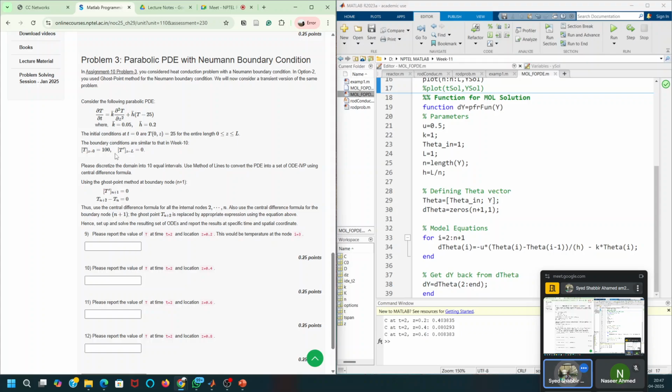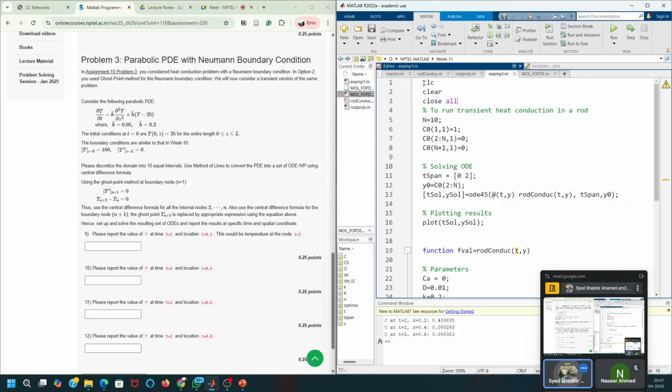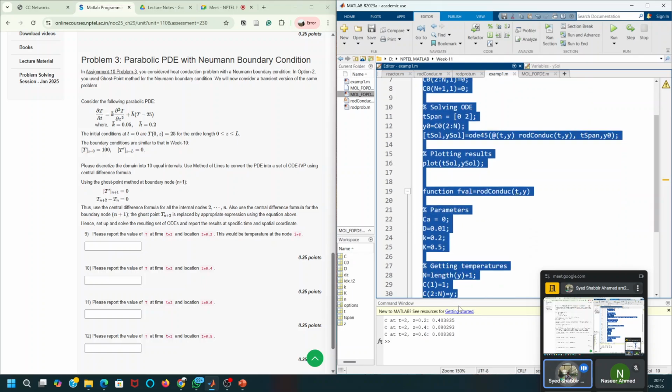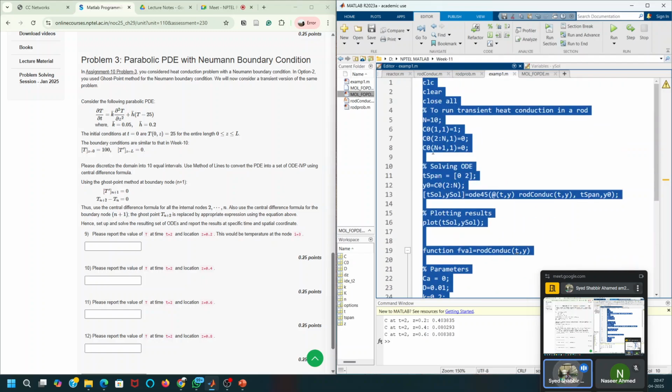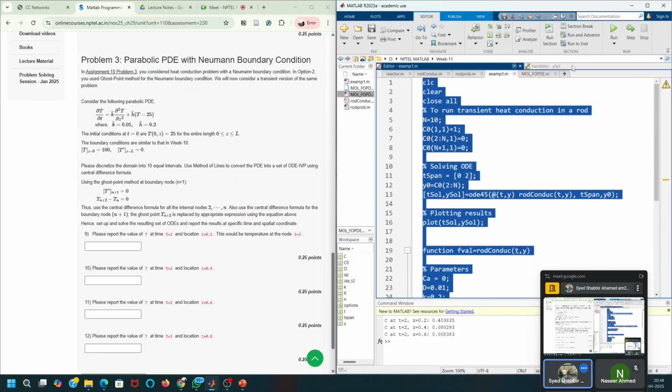And somehow get the result. We will follow the same procedure we have done. I can just copy this code and we will make some changes according to the condition of the problem.